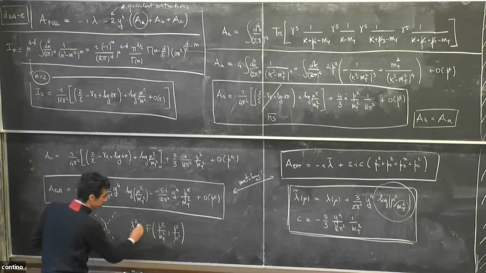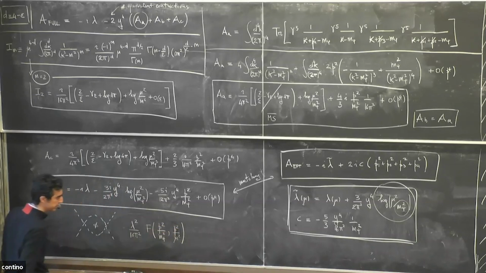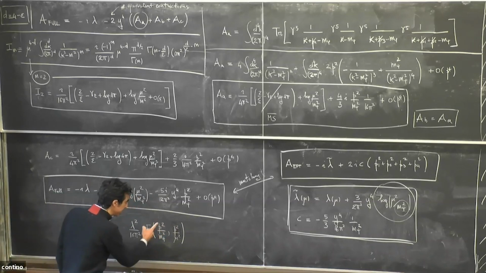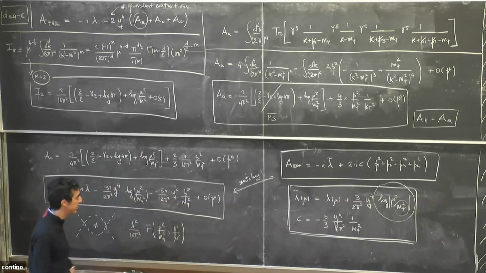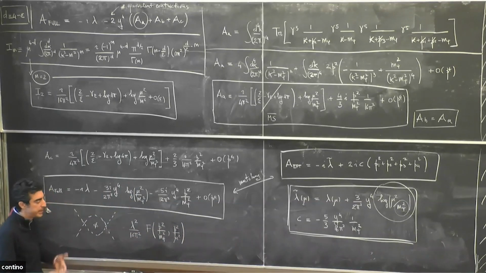So it's just an adimensional function, and it depends on 3 dimensionful parameters, so it can only be a function of these 2 ratios. And in general, the dependence of this function on its arguments will be complicated and nonlinear.